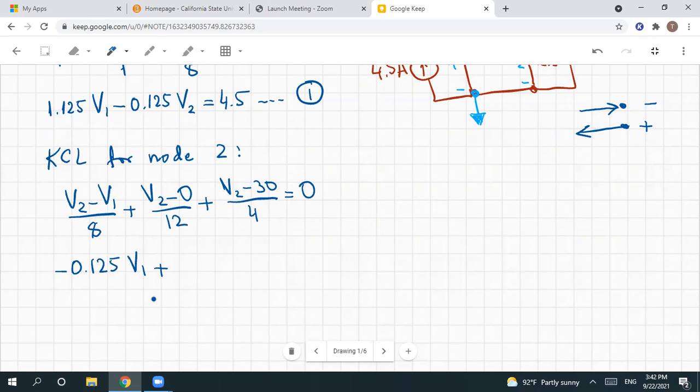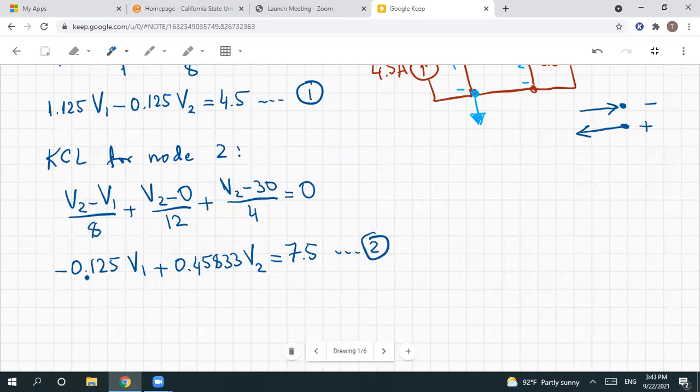So the sum for all V2 will be 0.45833 V2. And I will have here 30 over 4, which is 7.5 with negative. If I take it to the other side of the equation, it will be positive 7.5. So this will be equal to 7.5, and this is my second equation.